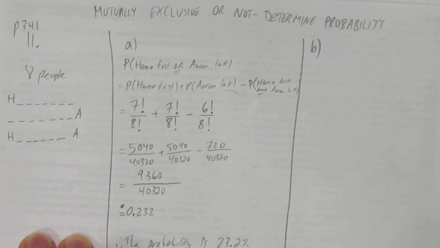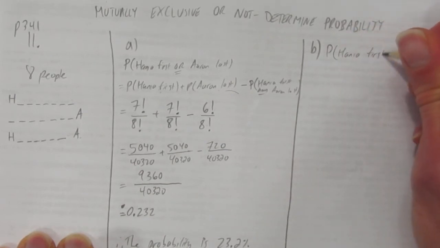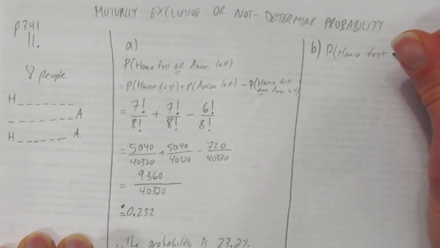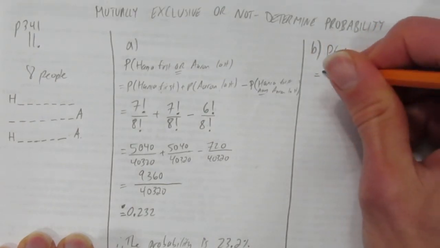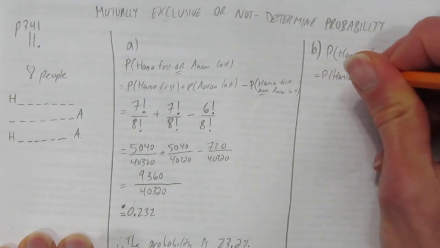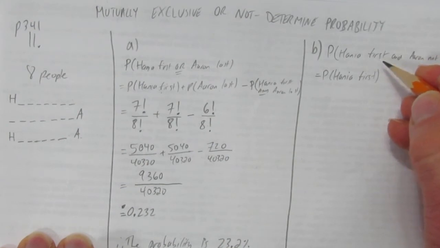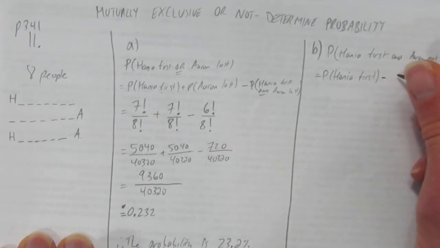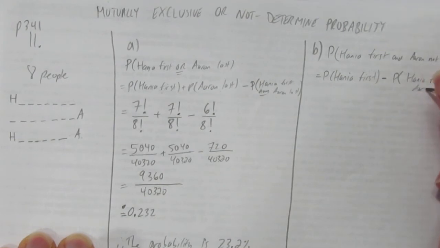It says, what's the probability Hania will be first and Aaron will not be last? So what's the probability of Hania first and Aaron not last? Well, that's just equal to the probability that Hania is first. So far, pretty straightforward. I want the probability of Hania first, but then I'm going to take away the probability of Hania first and Aaron last.